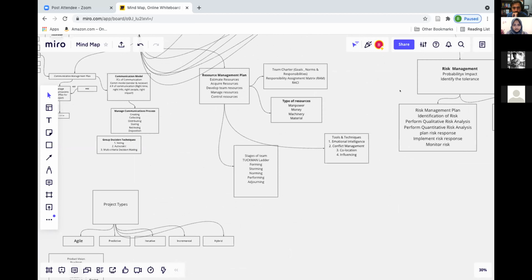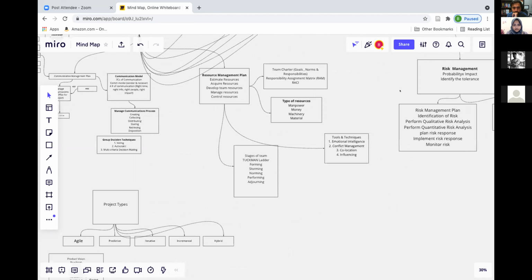These are the major steps in the resource management plan. During resource planning, we do the team charter, which is nothing but the goals and norms we set for the team. Then we prepare the responsibility assignment matrix, which covers which team member has to do what, their roles and responsibilities, in the RACI chart.